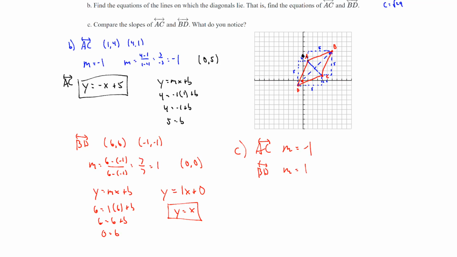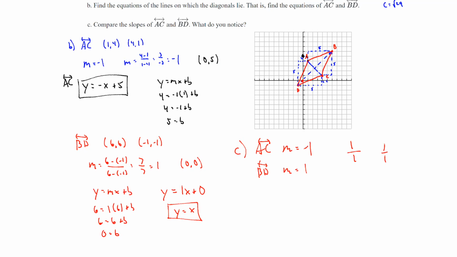Now, whether this part comes into play or not, since they're 1 and -1, for lines to be perpendicular to each other, they need to be opposite and reciprocal. But the reciprocal of 1 is 1, so it doesn't actually change. But because they are opposite reciprocals, the diagonals are perpendicular.